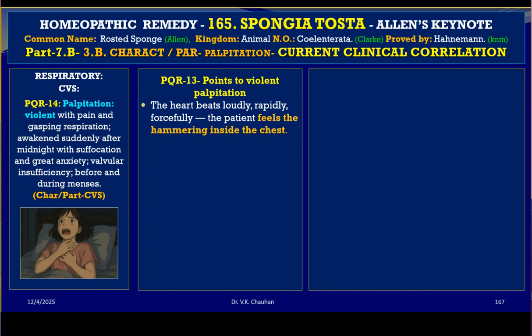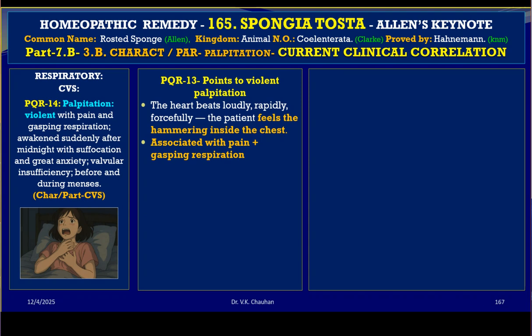So it is a jerky kind of heartbeat, a very violent heartbeat. The pulse may be a hammering kind of pulse, known as water hammer pulse, generally seen in aortic regurgitation, probably associated with pain and grasping respiration.